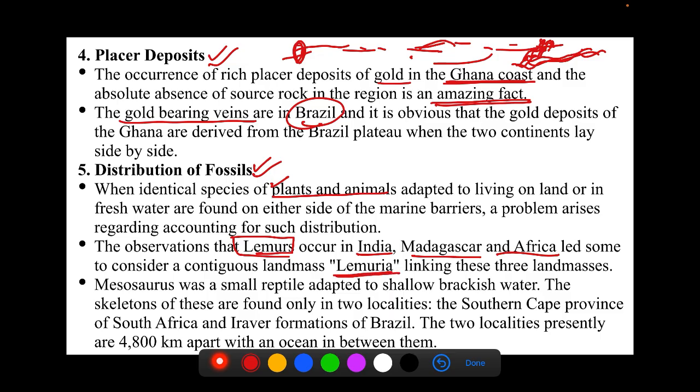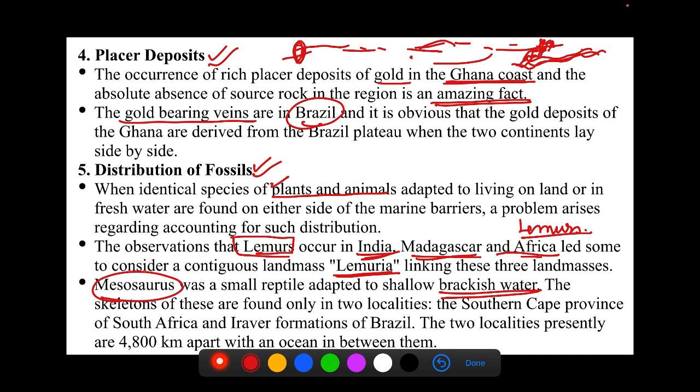There are certain types of animals such as lemurs. These are present in Madagascar, Africa and India, but these three are apart and very distant from each other in the present time, right? So this makes us think that these three were together. Another example can be Mesosaurus. Mesosaurus is a small reptile which basically lives in brackish water.